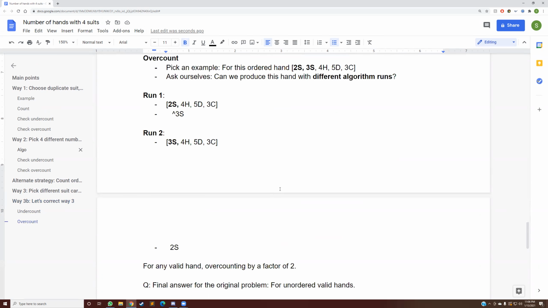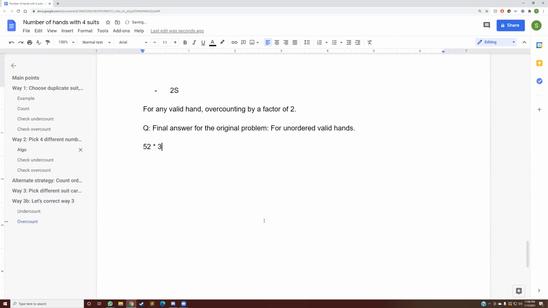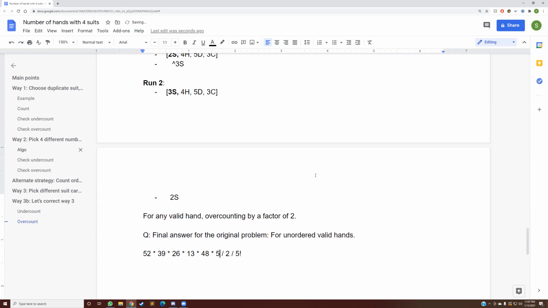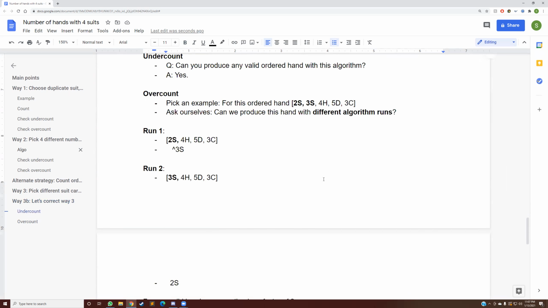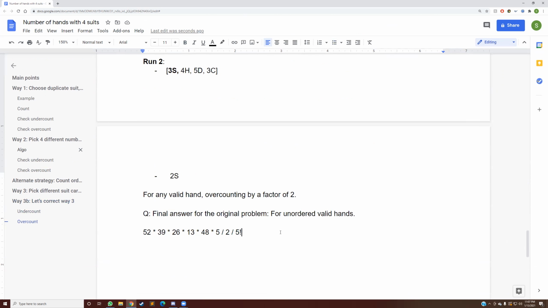So 6 times 13 times 48, and then divided by 2, divided by 5 factorial. Was that the original answer that you got? Wait, no, times 5. Do you remember why we times 5? It's like the order thing. Yeah, pick a spot to insert the random card. Okay, that wasn't the answer I got, and then you will find that it's the same thing.